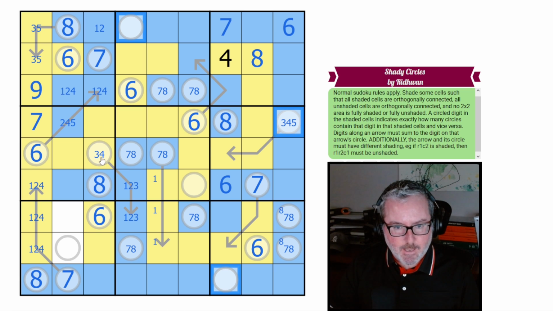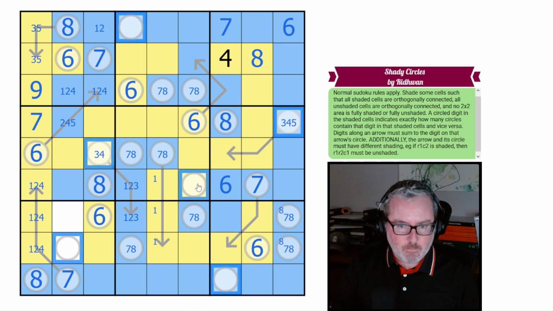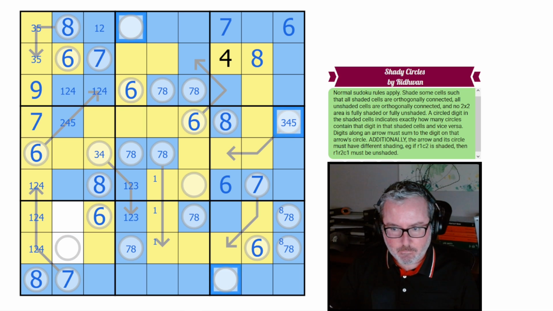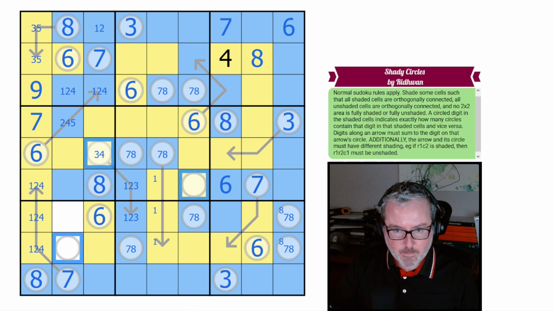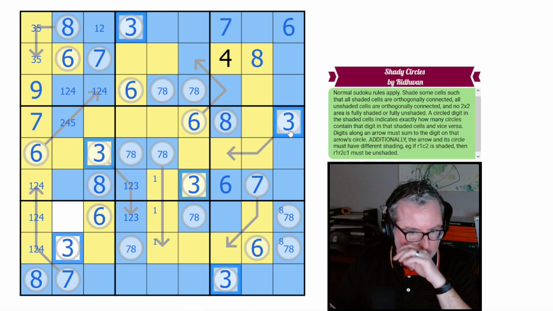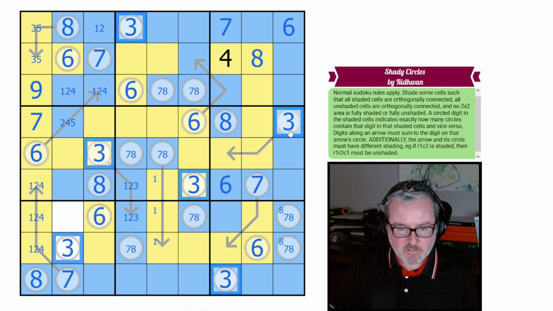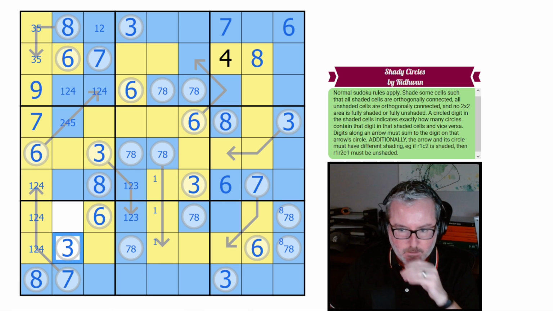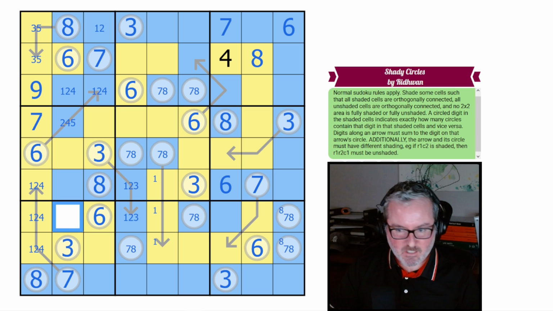The only thing that could happen is that we have 3 yellows left over, which means we have 3 blues left over. These are all 3s, and we'll do a quick check to make sure there's no issue there. There shouldn't be. This will be correct. So now this is yellow, which means this is blue.